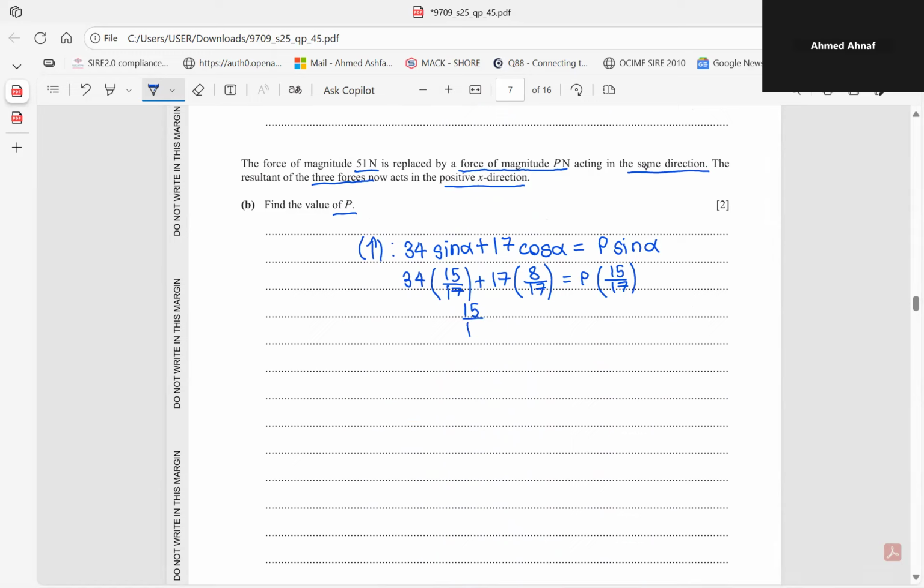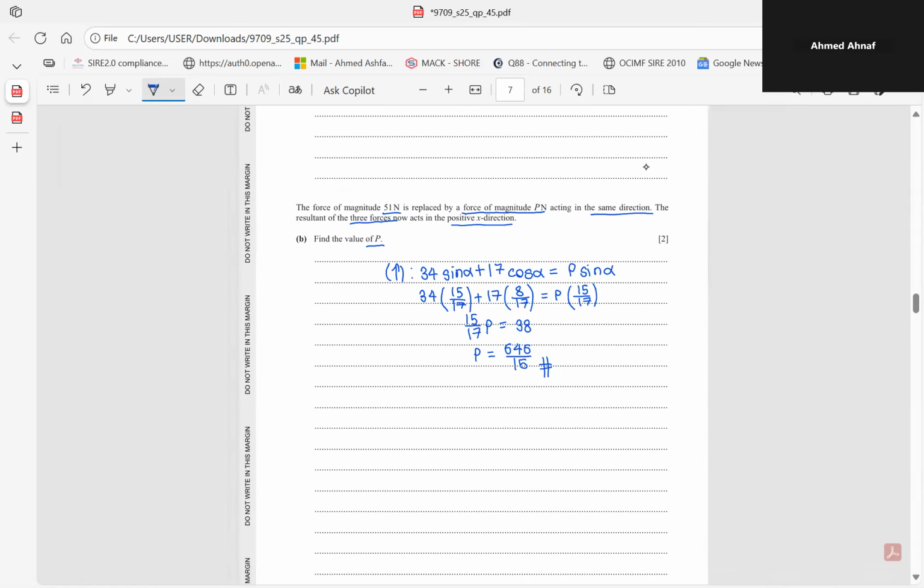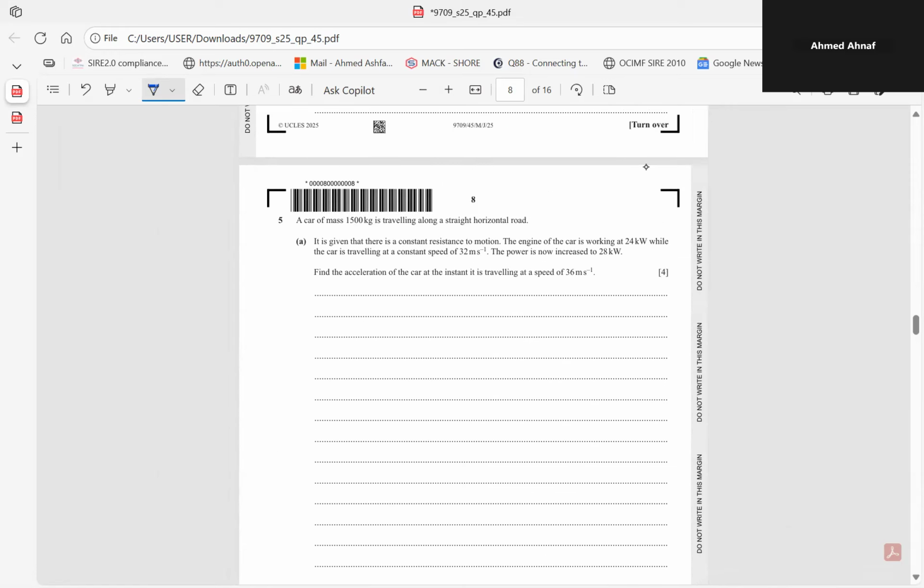So 15 over 17 P is equal to 34 times 15 over 17 plus 17 times 8 over 17. This is 38. And then dividing both sides by 15 over 17, you will get 646 over 15. Or you can just leave it like this. This is our final answer for this second part, as well as the entire question. Let's head on to the next question.